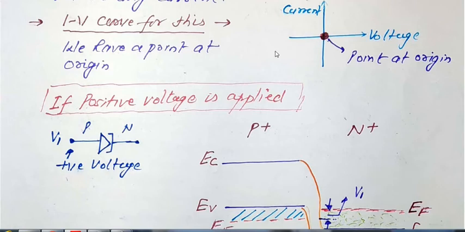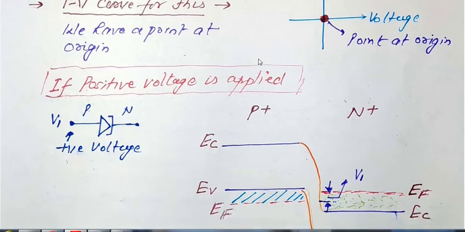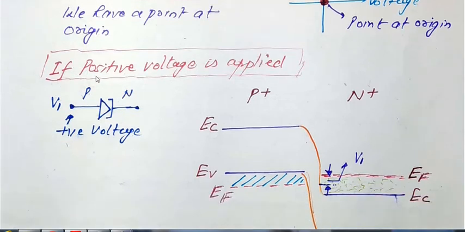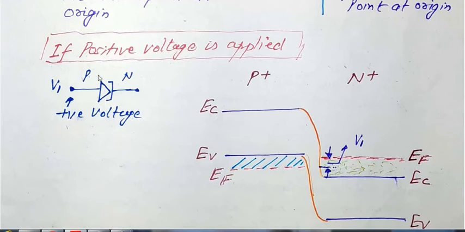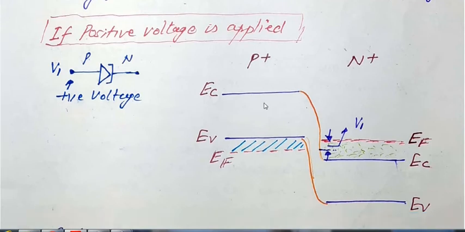Now what will happen if we apply positive voltage? Now we can see at this energy diagram, this is for when our forward bias is some positive voltage. As we know, we are going to apply positive voltage at this P side and negative potential to the N side. Then how is this energy diagram of the tunnel diode going to react?